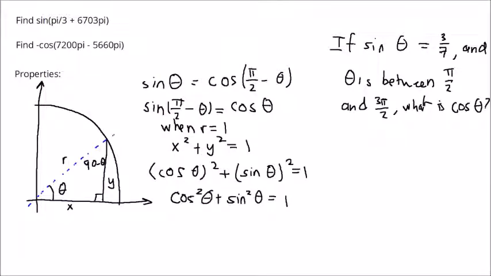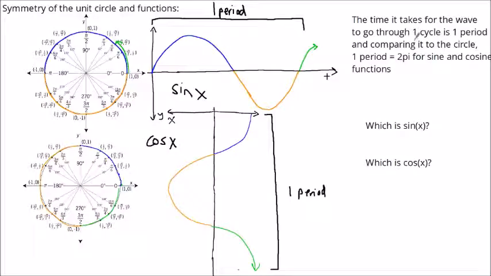Find sine of pi over 3 plus 6,703 pi. This is going to seem a little bit ridiculous of me to put 6,703 pi, but remember, it's a period, and one period is 2 pi. So after one period, it's one cycle.